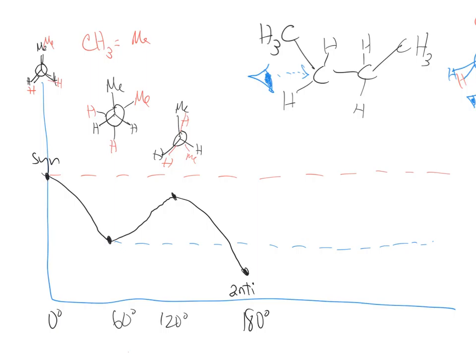Is it going to be the same as any of the others that we've seen before? It's going to be the same as 120. Once again, if you just draw all your Newman projections, what you would find is that it would be identical. This methyl group that we had right here is now up against that hydrogen right there. And so otherwise they're identical.